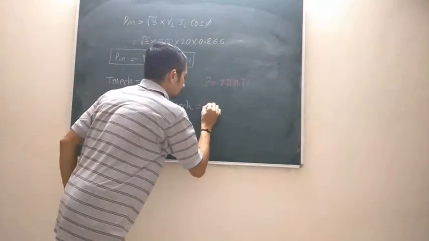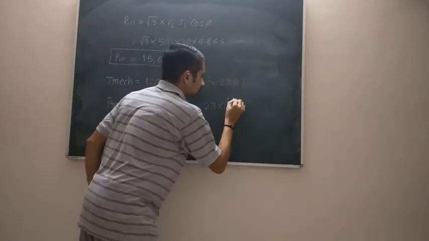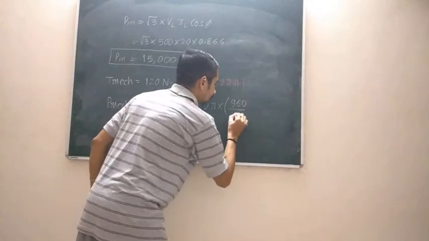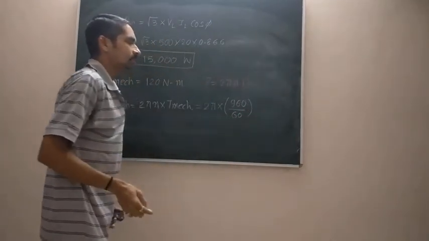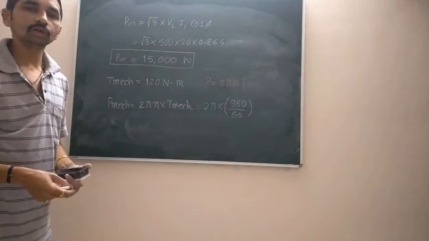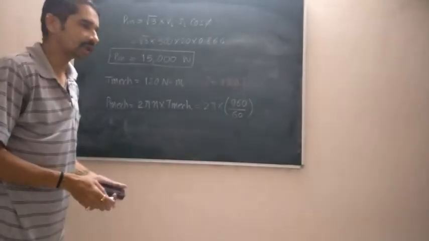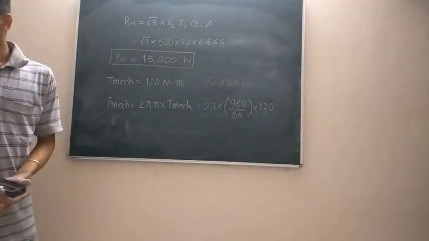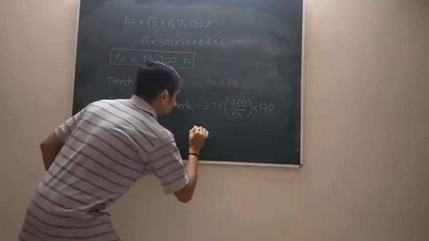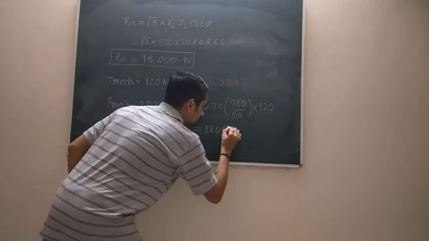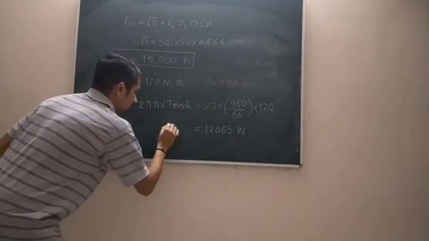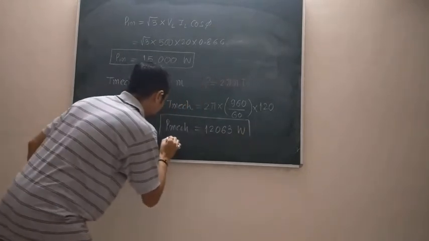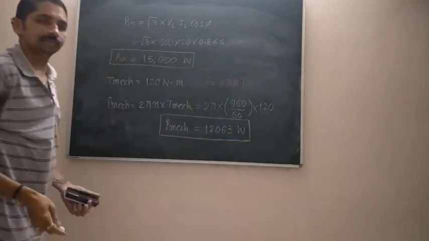So in this case it will be 2 pi into n. That 120 Newton meter torque is getting developed at 960 rpm. So small n, that is rotor speed in rps, will be 960 upon 60, into 120. So the answer comes out to be 12,063 watts. So the mechanical power is 12,063 watts.